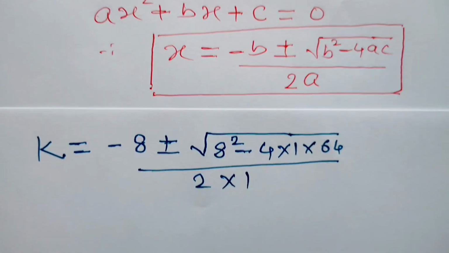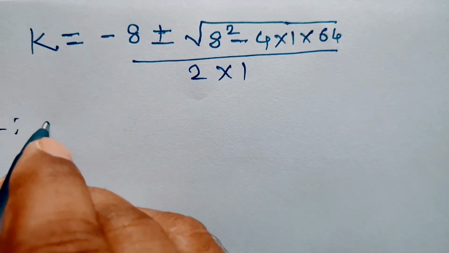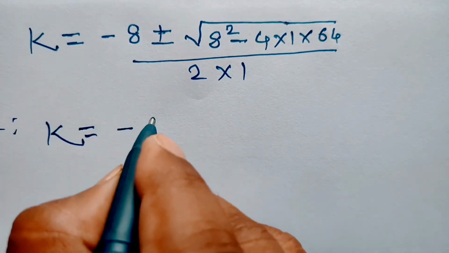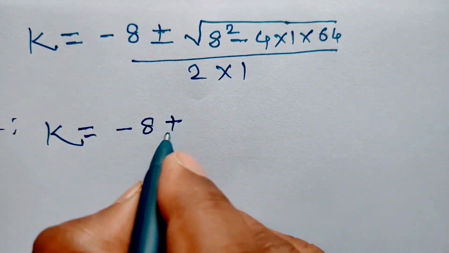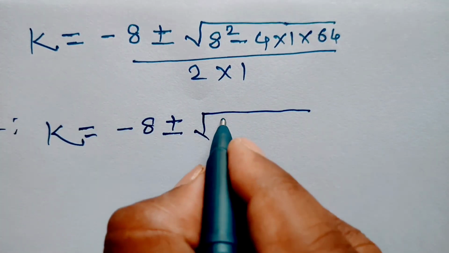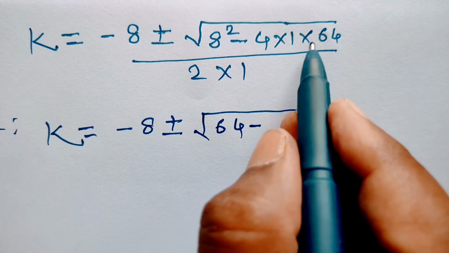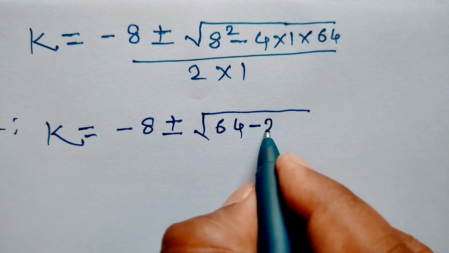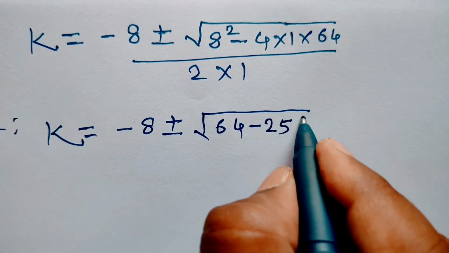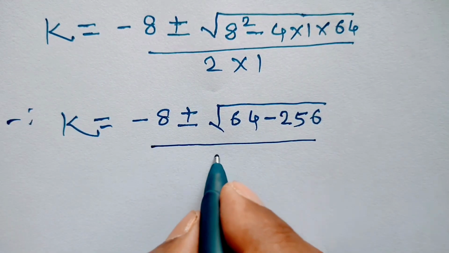Simplify this. Hence k is equal to minus 8 plus or minus square root of 8 square means 64 minus 4 into 1 into 64, this is equal to 256, divided by 2 into 1 is 2.